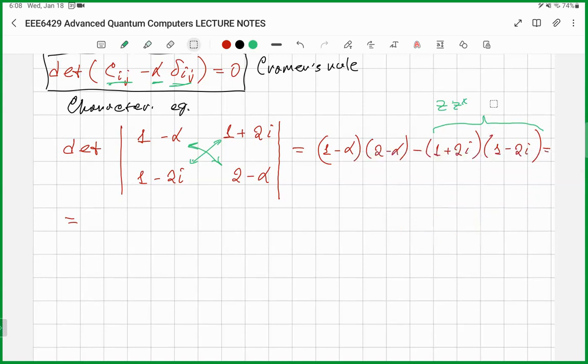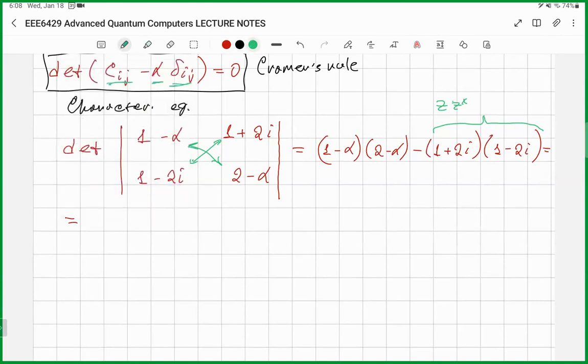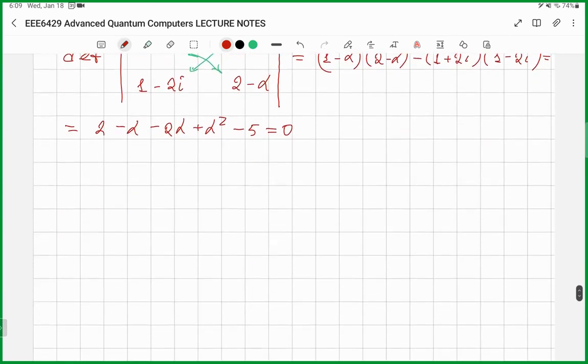Yeah, so in this case, the result is equal to 5, right? And this guy here, 1 minus alpha and 2 minus alpha. What do I get? I get 2, then minus alpha, then minus 2 alpha plus alpha squared minus 5 is equal to 0 by our definition of Cramer's rule.